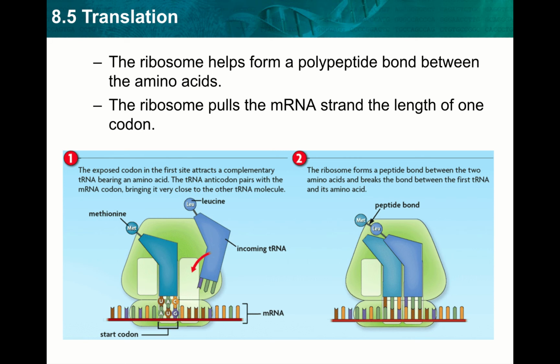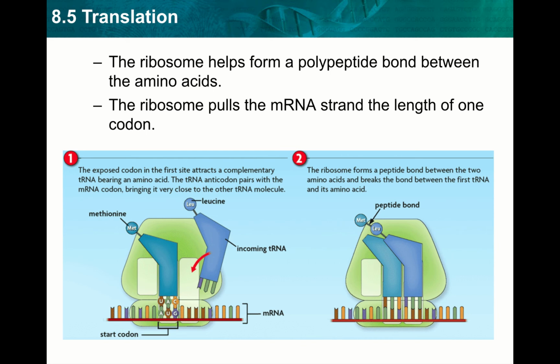The ribosome is going to form a peptide bond between two amino acids. So you can see in picture number 2, between the two amino acids, there is that line, that bond. And you will continue to get peptide bonds between those amino acids.